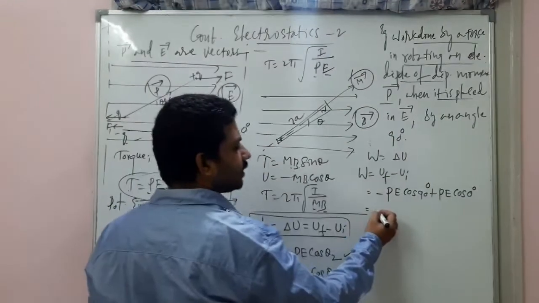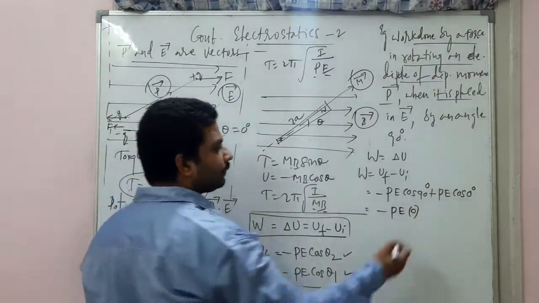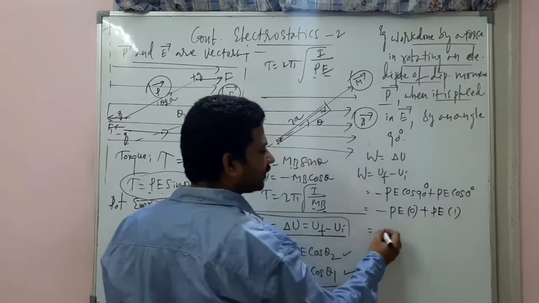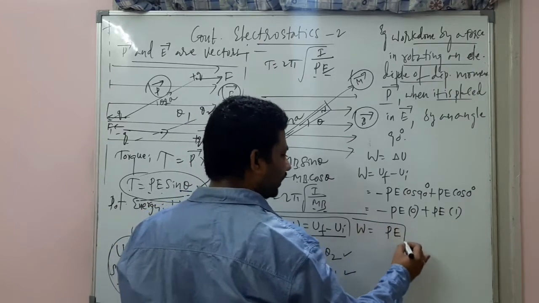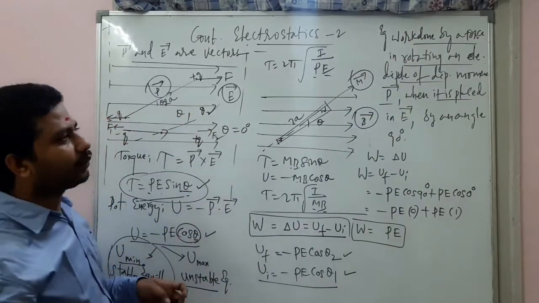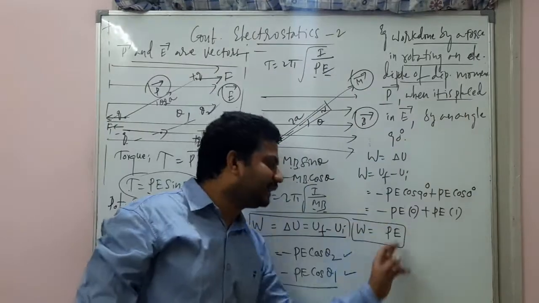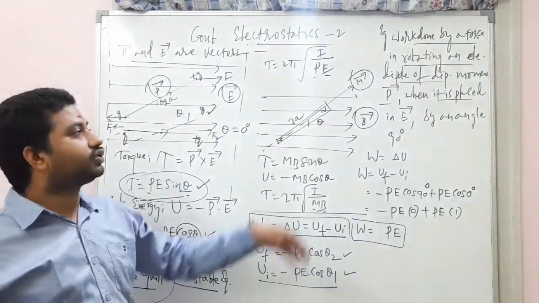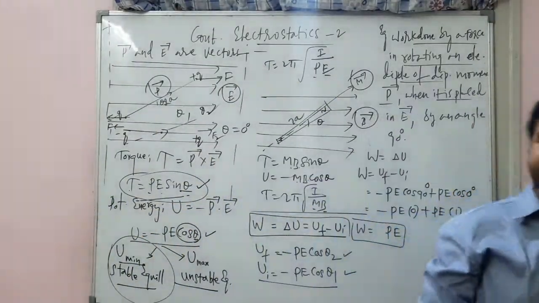So this is minus PE into cos 90, which is 0, plus PE into cos 0, which is 1. What is the answer? PE. So that is the work done in rotating an electric dipole of dipole moment P bar placed in E bar by an angle 90 degrees. And you will get exam questions on this dipole moment also, right? Just get ready for this.